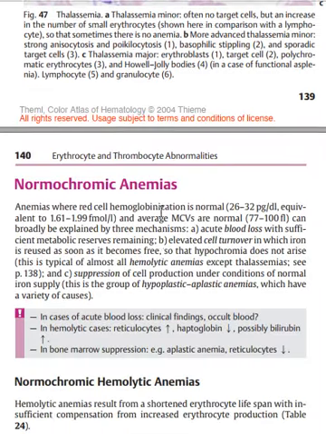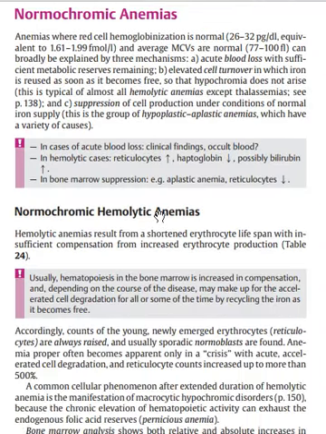Now you have also normochromic anemia. Is it clear? So you need to know that there are different causes of normochromic anemia. Your MCH is going to be normal, but you have a low hemoglobin level. It means that your MCH is going to lie between 27 and 32 picograms.